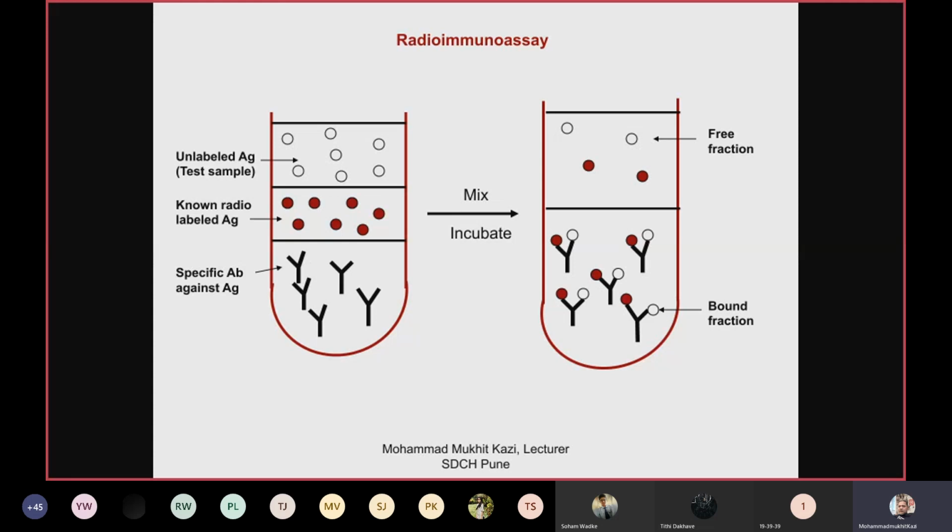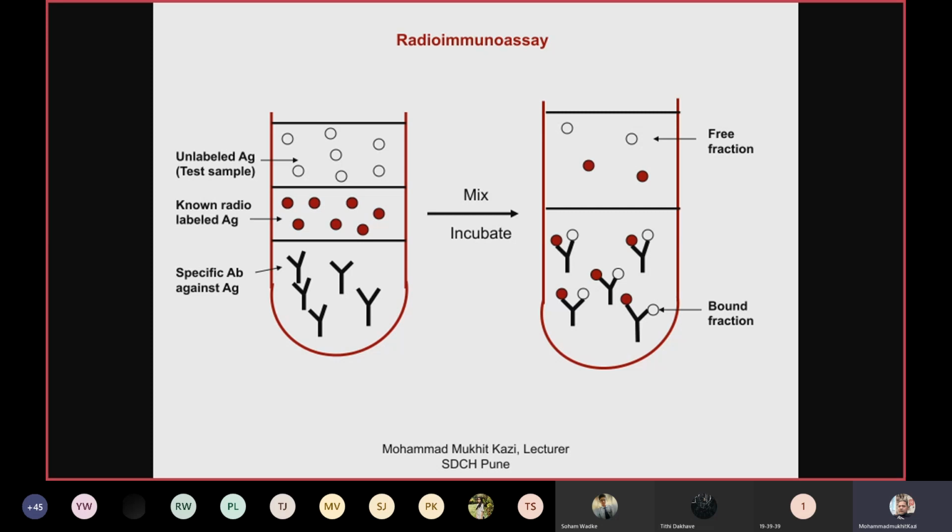Now, radioimmunoassay. These are very important. These are done only in high containment laboratories because they are associated with radioactivity. How we do radioimmunoassay: you can see here on the top, unlabeled antigen, taken from the test sample, and labeled antigen, which is labeled with radioisotopes or radioactive elements, and then we have the specific antibodies.